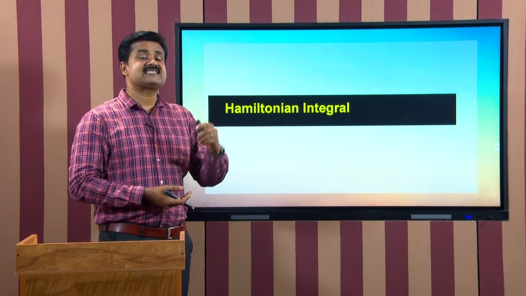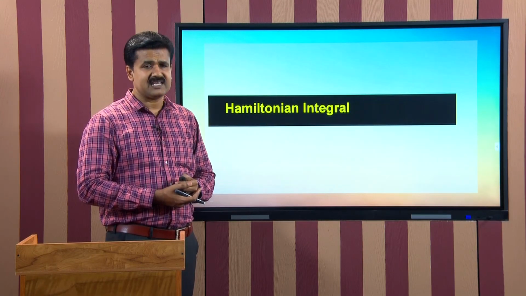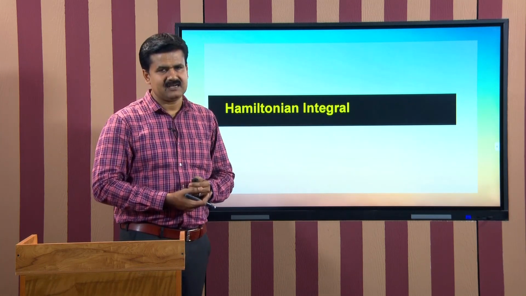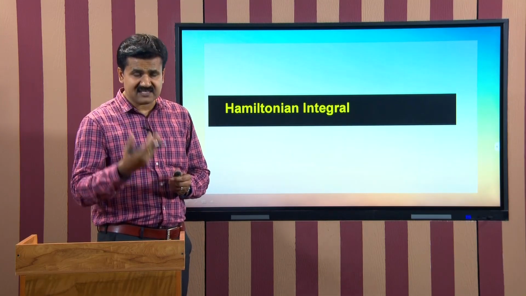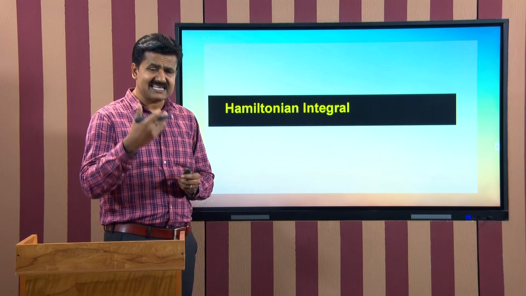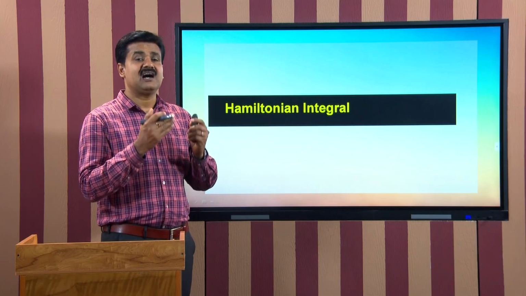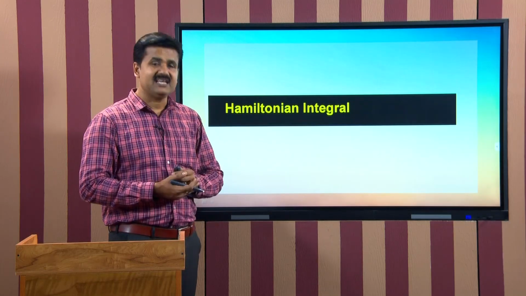Moving on to the second important integral that is part of HMO theory, and that integral is the Hamiltonian integral. The name Hamiltonian integral is because this integral consists of a total energy operator called the Hamiltonian operator. Hence the name Hamiltonian integral.